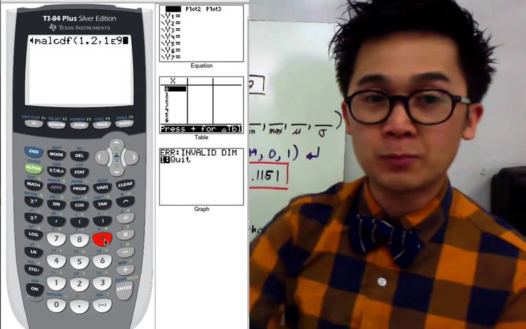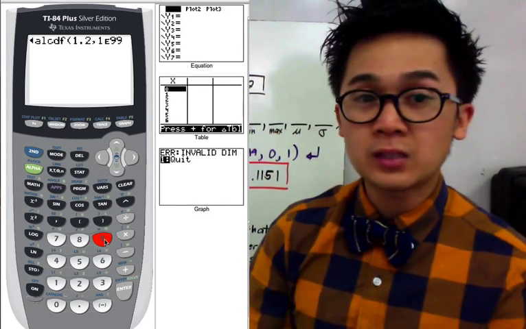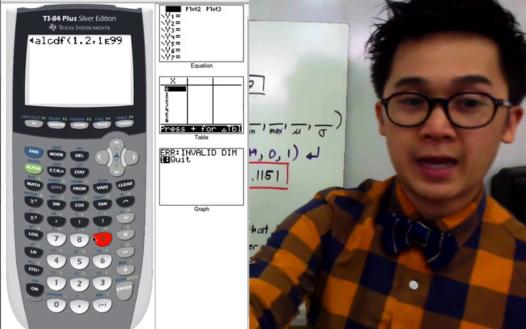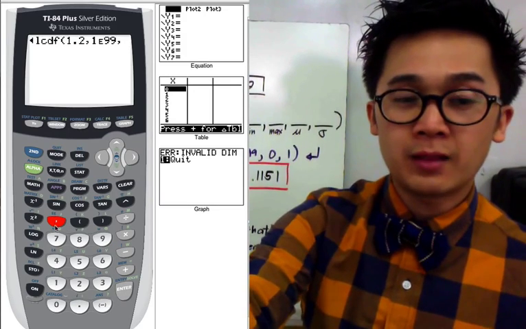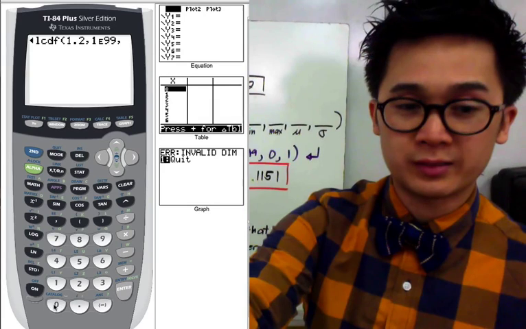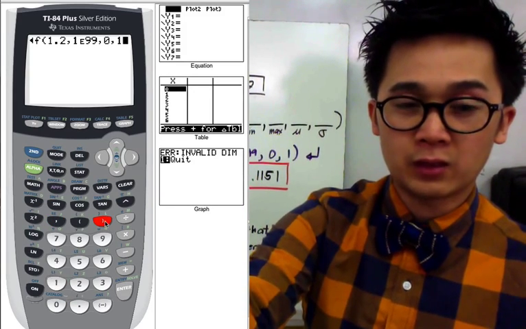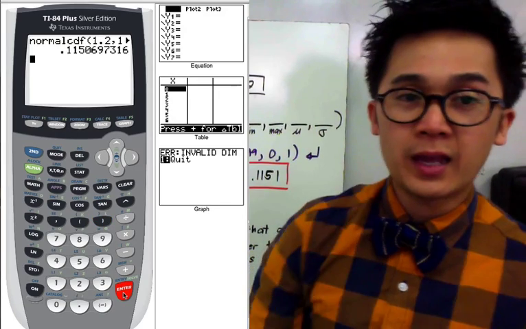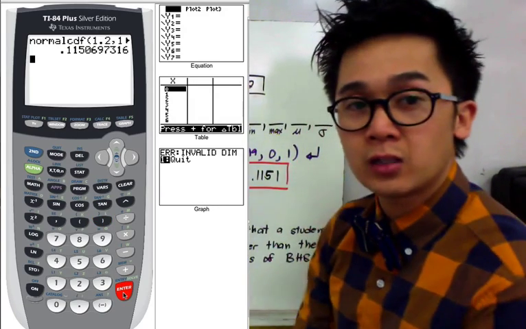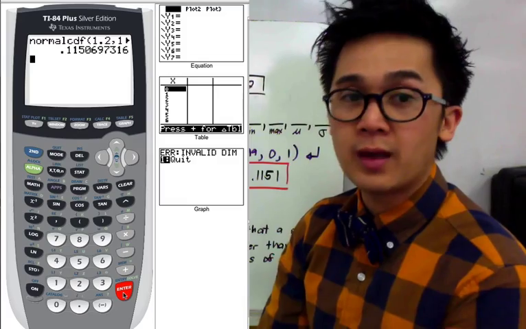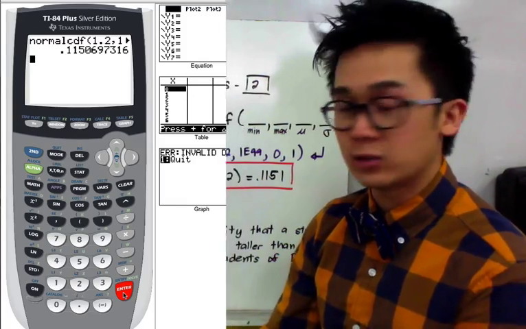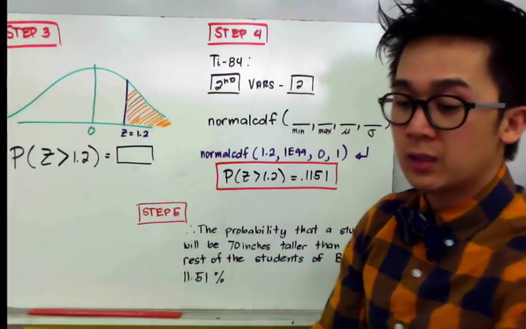This is the representation of positive infinity in your TI-84, comma, the third number is your mean, which is 0, and the standard deviation of 1. Then close your parentheses, and you will find that the area under the curve is 0.1150697, and so on.